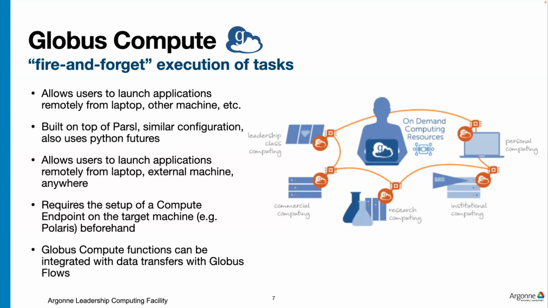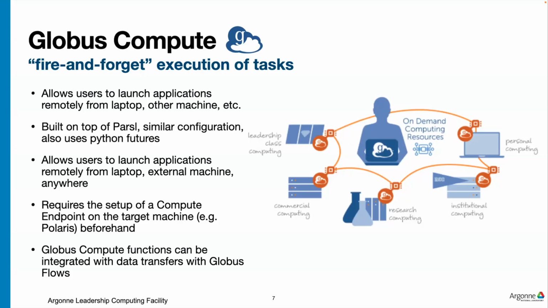In that case, I was kicking off the process to start up the workflow, but you can also do kind of the same thing with this compute endpoint, which will just be a passive process in the background on the login node, basically communicating with the Globus service, waiting for work.